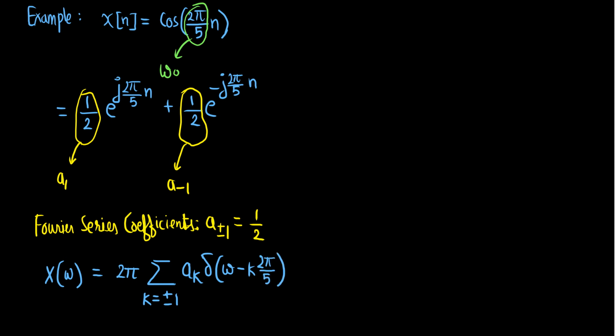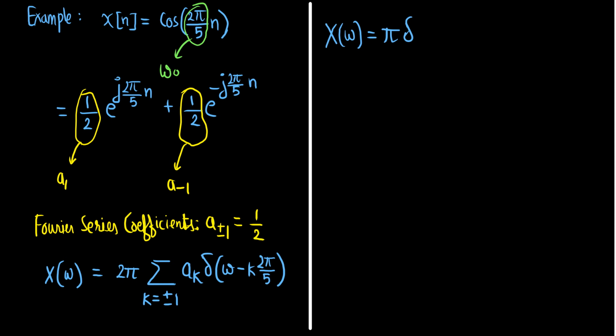So the expression is going to be X of omega equals pi times delta of omega minus 2 pi by 5 plus pi times delta of omega plus 2 pi by 5.